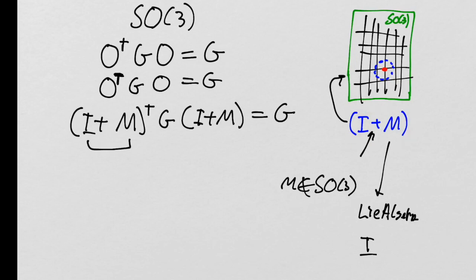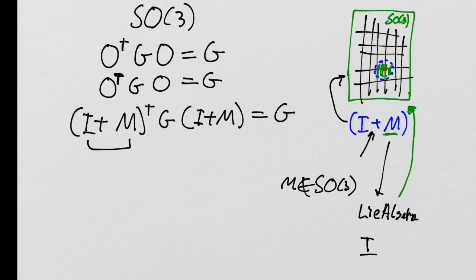So this process is really part of, the way I like to think of it, the mapping that takes an element of the Lie algebra into this region infinitesimally close to the identity. Now, that would only be legitimate for infinitesimal values of M, right?